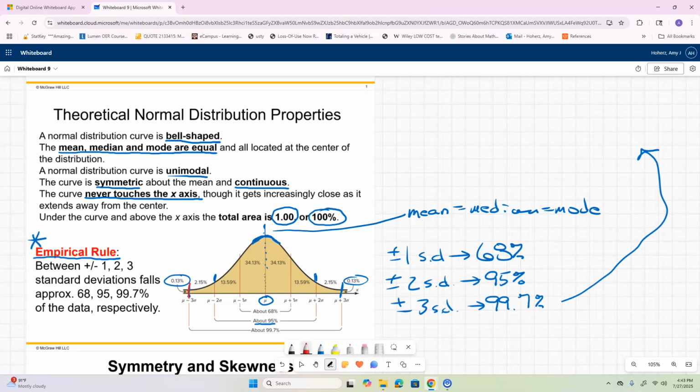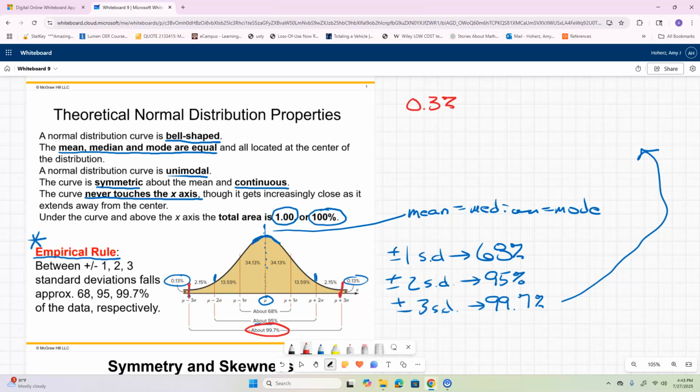Okay, so here's minus 3 standard deviations and plus 3 standard deviations. If we have 99.7% of the data in between those two values, that doesn't leave very much left over. That only leaves 0.3% of the data outside of that. So 0.3% of the data is outside of these 2 red lines. 99.7 is between it. That leaves 0.3% outside of it.